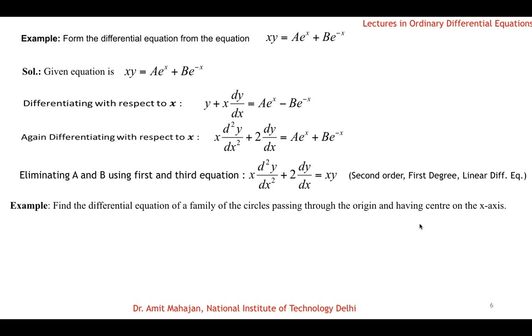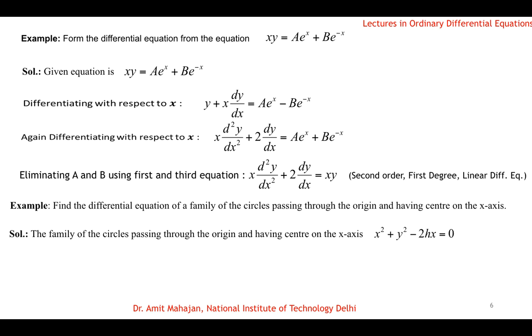So you can take the x and y axes and take the center on the x-axis at (h, 0), and the circle is passing through the origin, so the radius also becomes h. And so you can write the equation for this family of circles passing through the origin as x square plus y square minus 2hx is equal to 0.